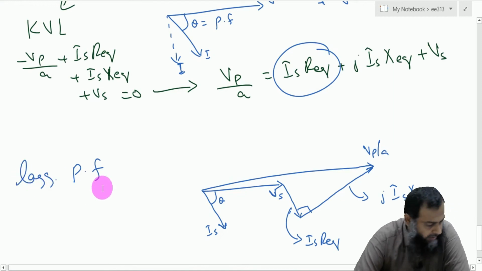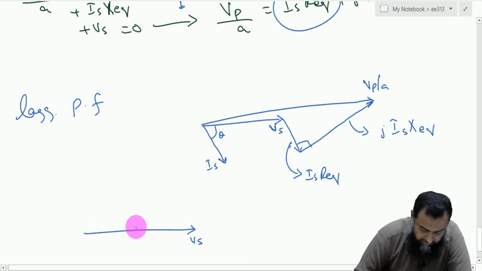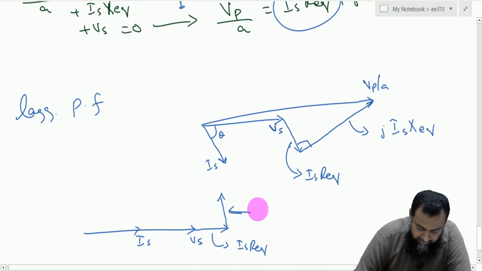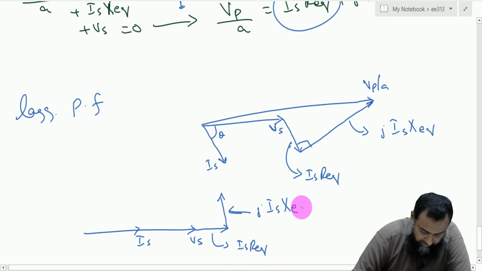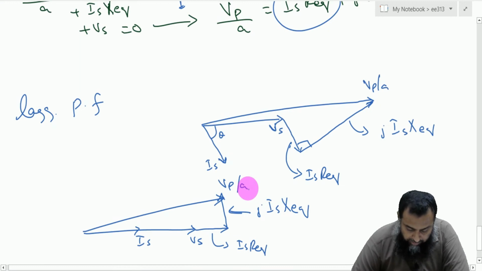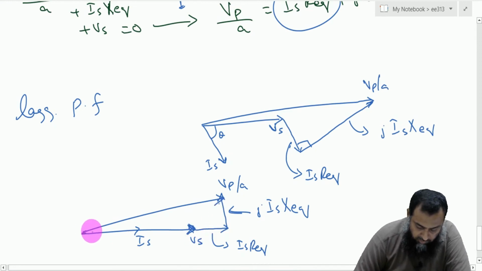For a unity power factor, if this is the Vs and then we have this Is, then of course we have to add some drop here, which is this Is into R equivalent, and here we have to add up the jIs into X equivalent, and this is the value of Vp over A. So if we have a unity power factor, the phasor diagram looks like this one.